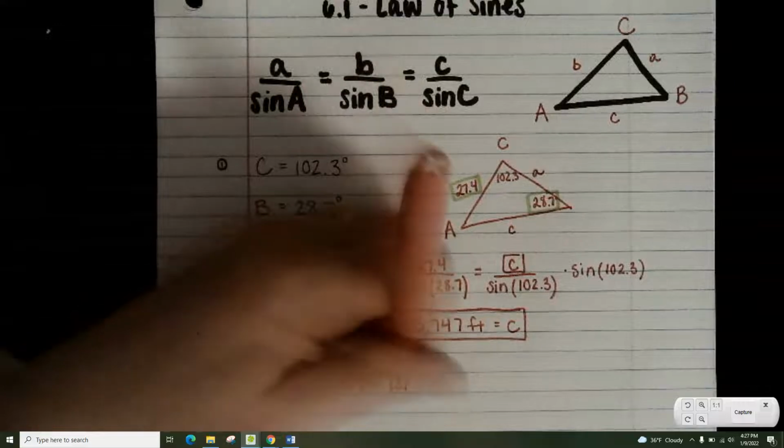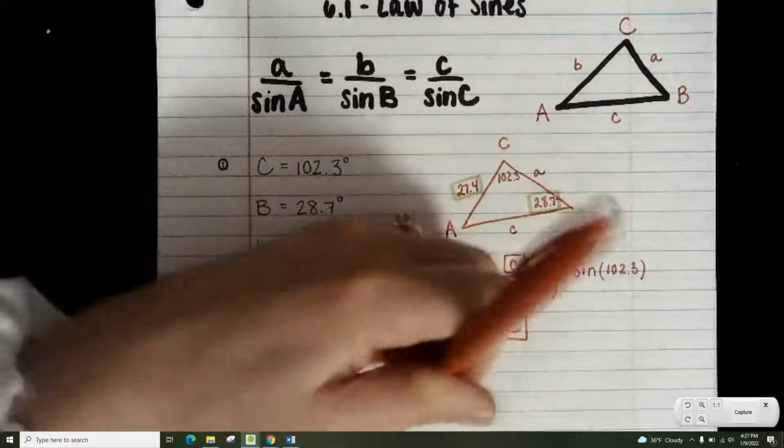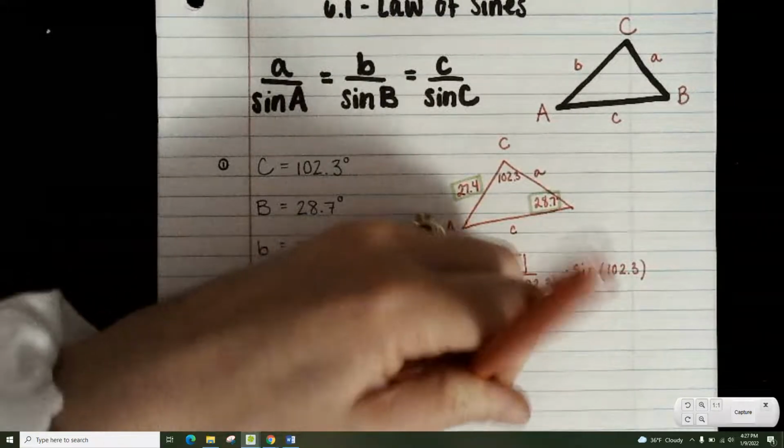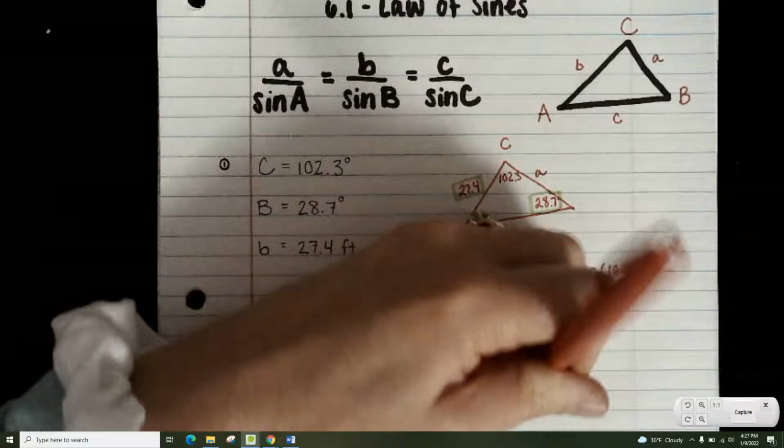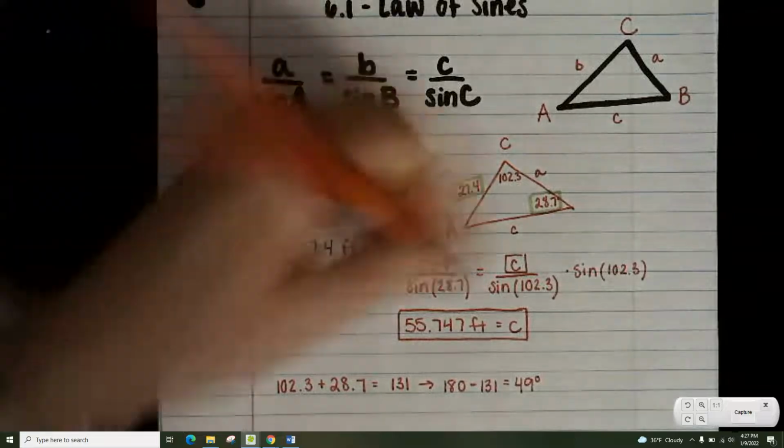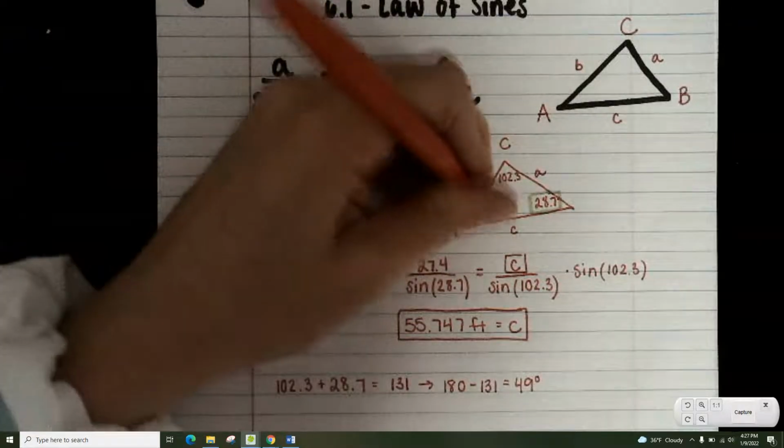Which gives me 180 minus 131 is 49 degrees. So that tells me angle A is 49 degrees.